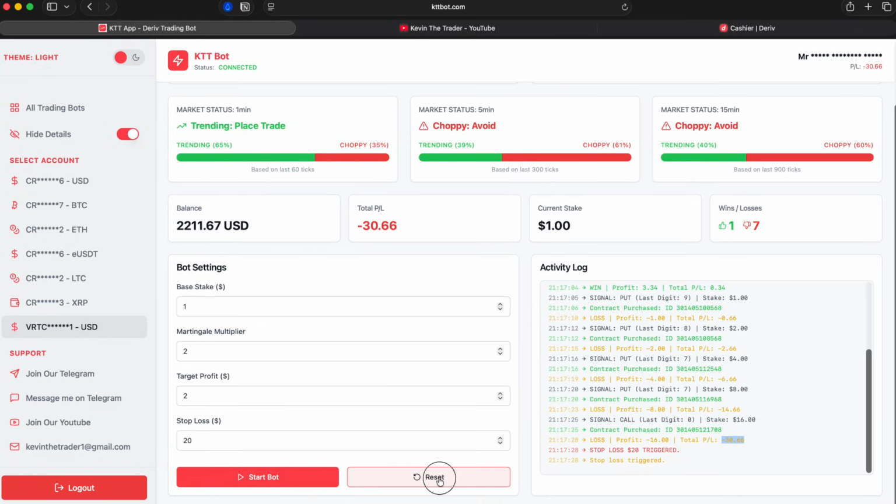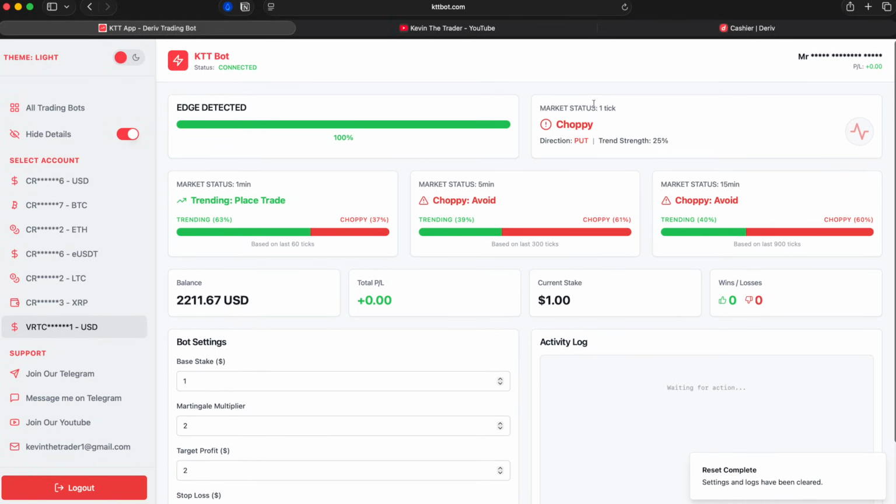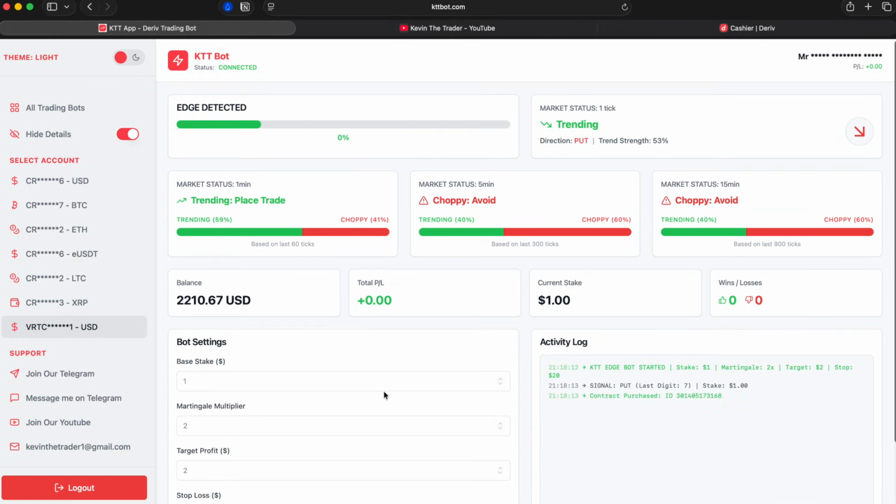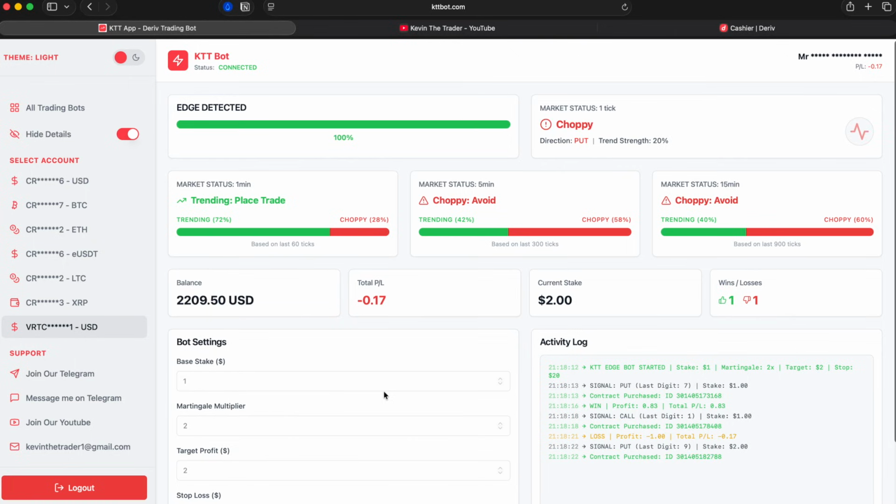So let's reset and wait here to be trending, at least trending and above 30%, and then I'll start the bot, right? As simple as that. You'll see a win. You see, I don't get more losses, right? The market is still trending.